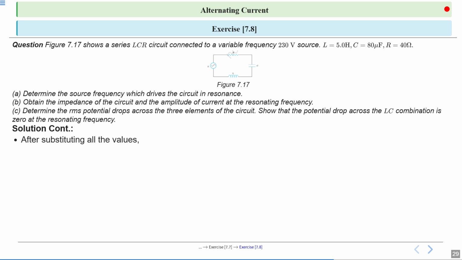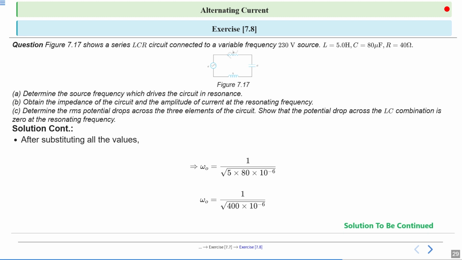After substituting all the values, omega naught will be equal to 1 upon root of 5 into 80 into 10 to the power minus 6. So omega naught will be equal to 1 upon root 400 into 10 to the power minus 6, and root 400 is 20, and the root of 10 to the power minus 6 is 10 to the power minus 3.